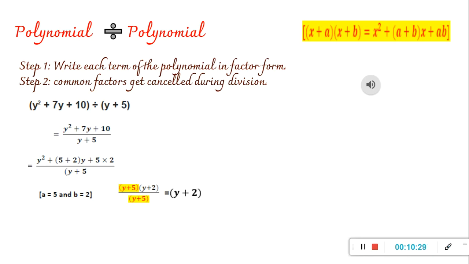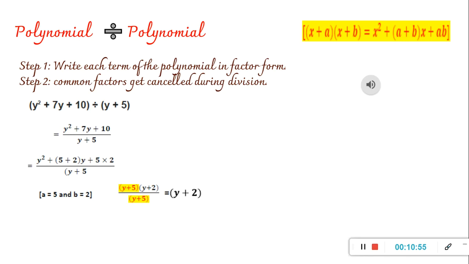No, you cannot cancel. Why? Because in this case, y plus 5 is not a factor. Y plus 5 plus 1, this whole thing is like one term, because this means y plus 6. So y plus 6 by y plus 5. In this case, you just can't cancel y plus 5 and y plus 5. Okay. So please note that point.